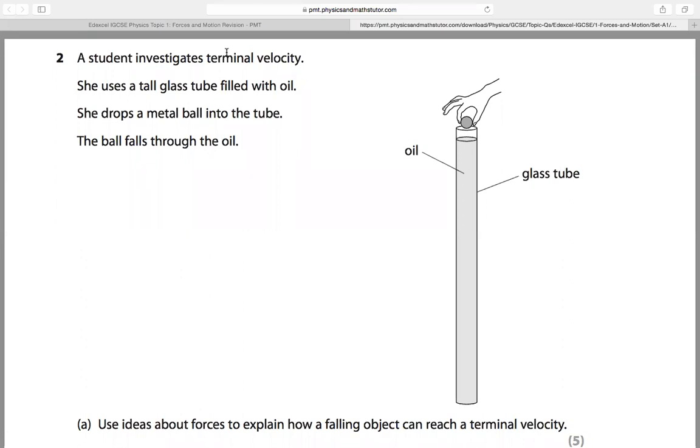So like an object that's just free falling, okay? When that object eventually reaches, when the resistance of the air or whatever medium it's traveling through, it has all come to a point where there's no further acceleration.